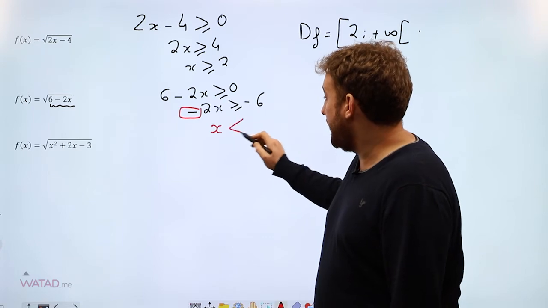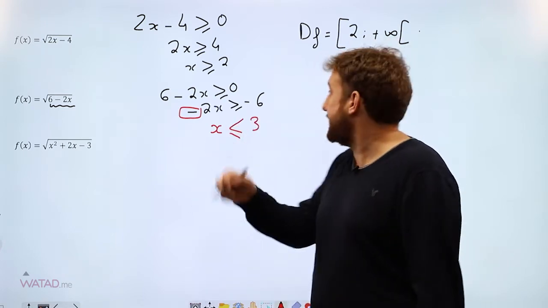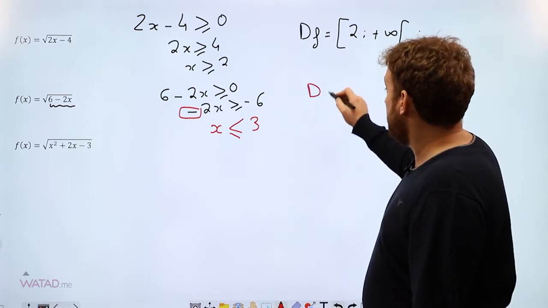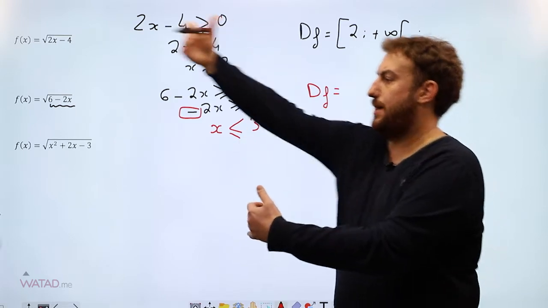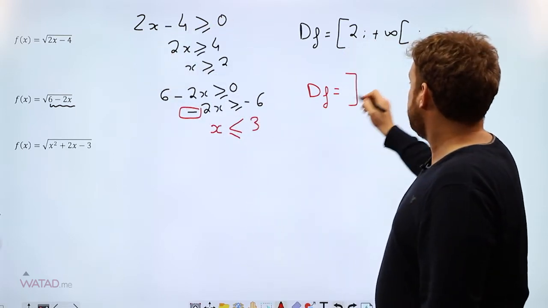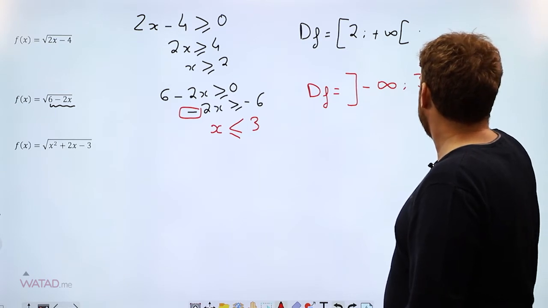So we're going to have x is less than 3. So because x is less than 3, our domain should begin from minus infinity till 3.